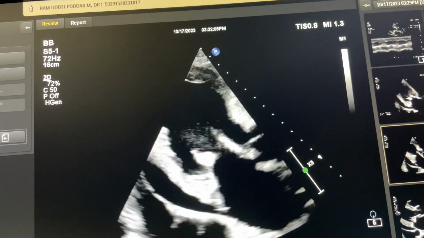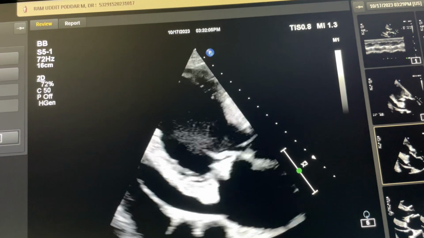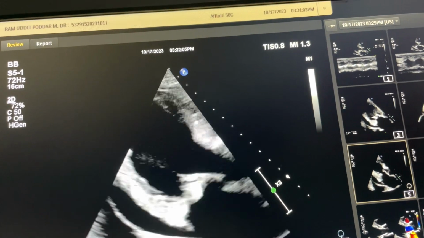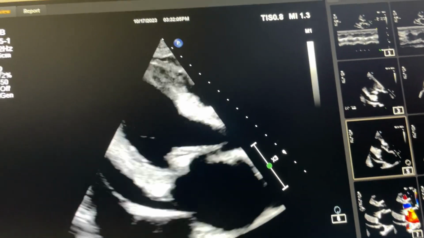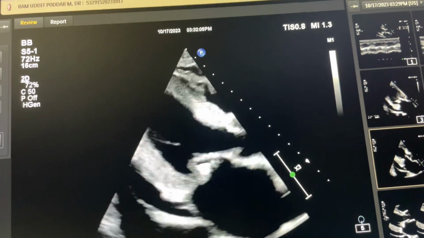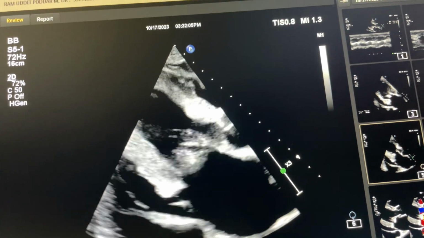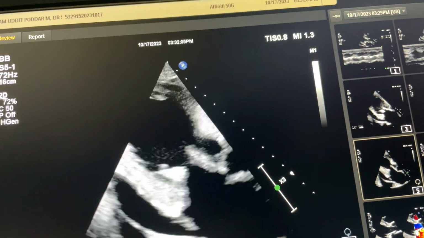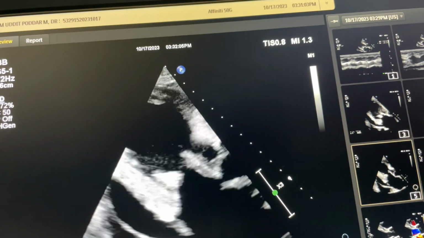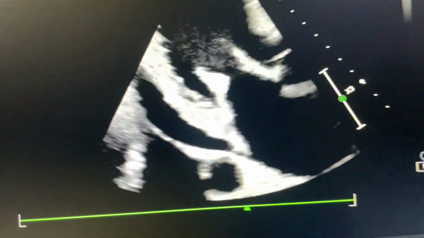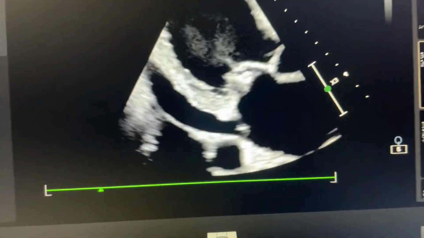So whenever you have confusion between pericardial effusion and pleural effusion, you have to find out this is descending aorta in cross section. In transverse sections you say anything posterior to that one is pleural effusion and anterior to that one is pericardial effusion.